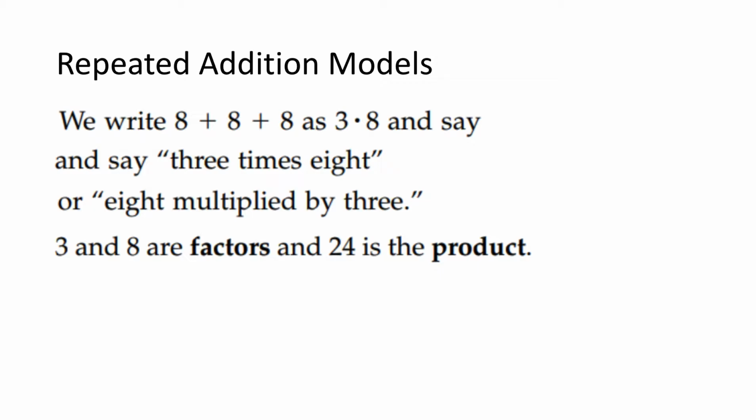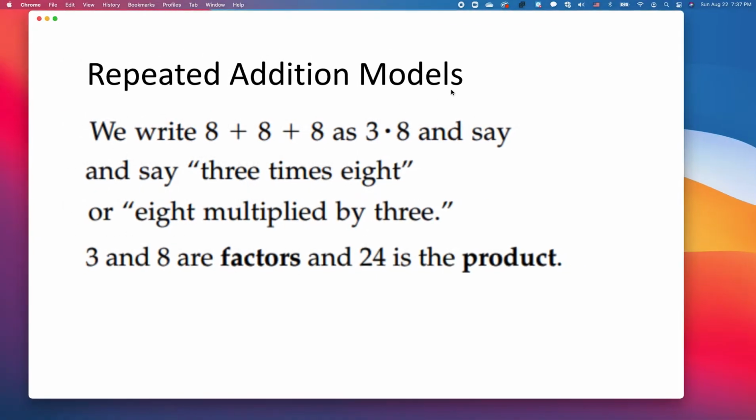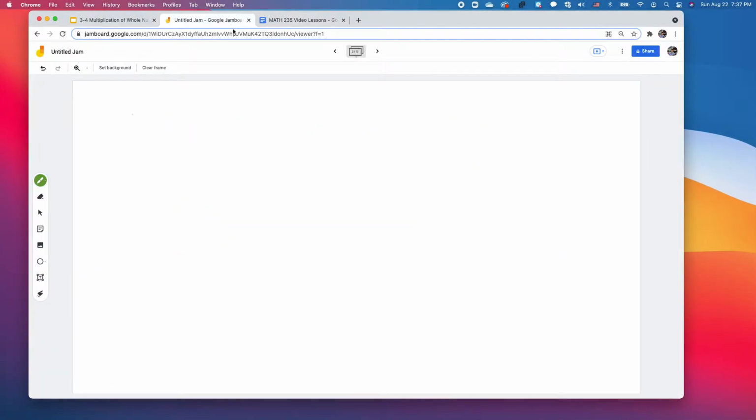And what do we call these numbers 3 and 8? We call them factors. And the answer 24 is the product. If you remember, in addition and subtraction, I also taught you about the names of the components. For example, 2 plus 3 in addition is 5.